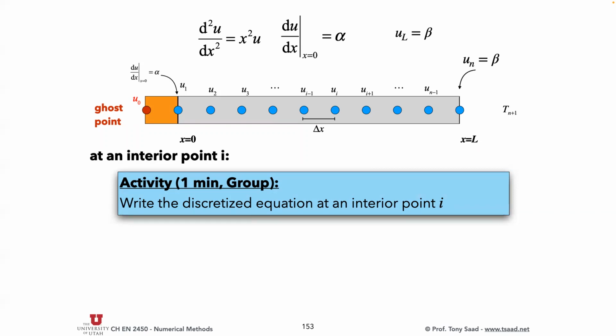Use the second derivative formula from your previous slides, which is ui minus 1 minus 2ui plus ui plus 1 over delta x squared.